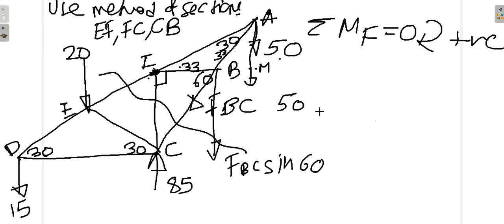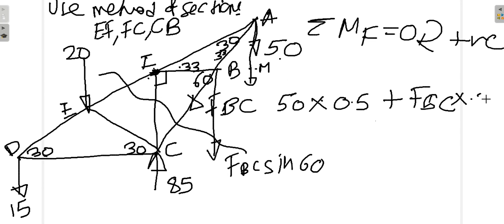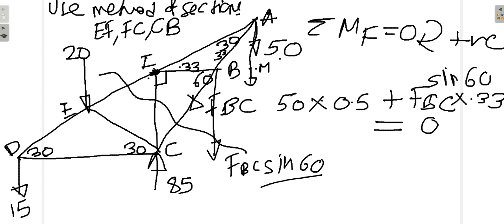So we have 50 into 0.5, that is clockwise, plus FBC into 0.33, also clockwise, equal to 0. Sorry, FBC sin 60 into 0.33 equal to 0.